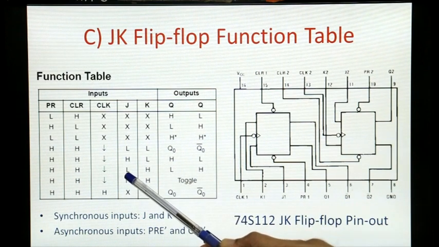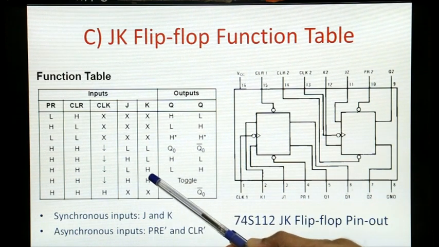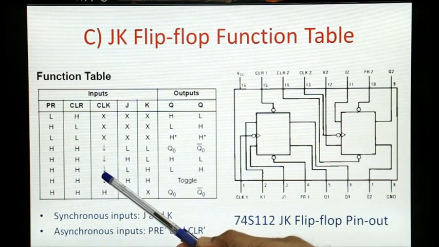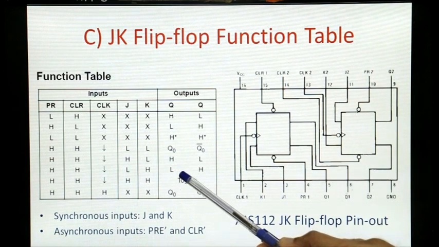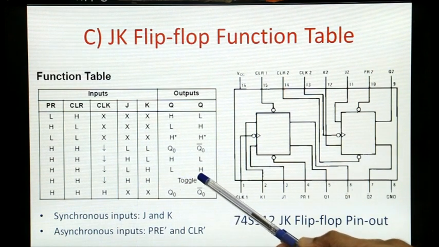Similarly, when J is kept low and K is kept high, at the next negative clock transition, the output will go low and the Q bar output will go high.